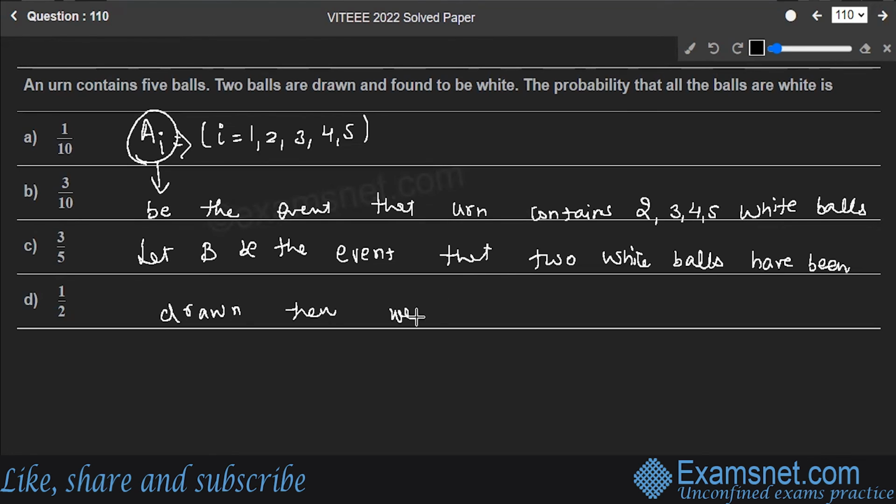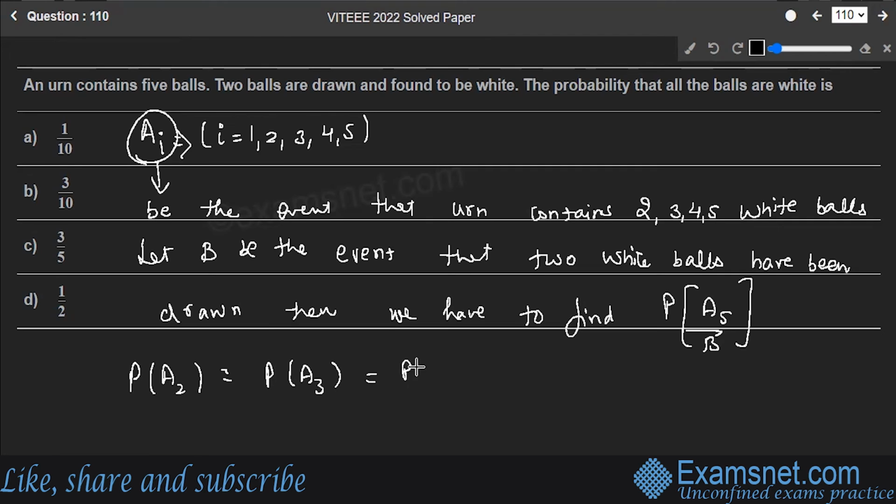Then we have to find the probability of A5 upon B. We have probability A2 is equal to probability A3, probability A4 and A5, which is equal to 1 by 4.